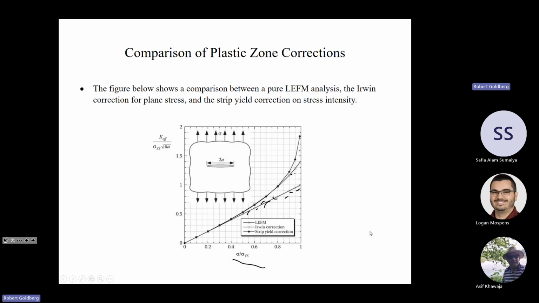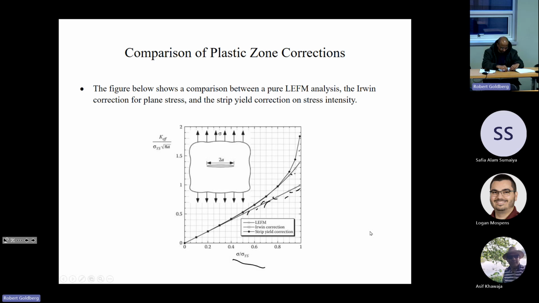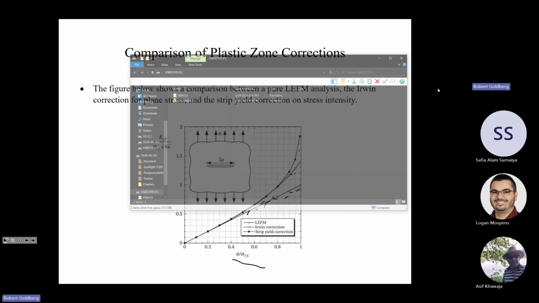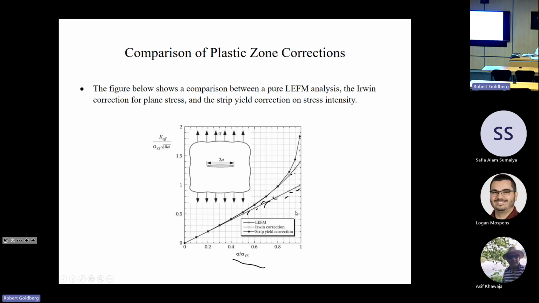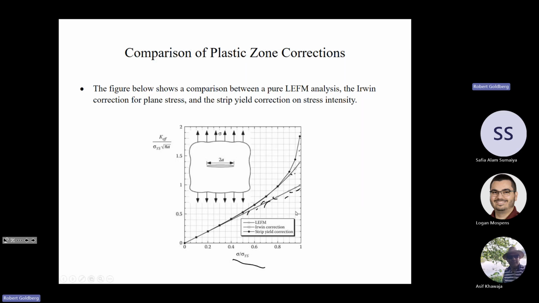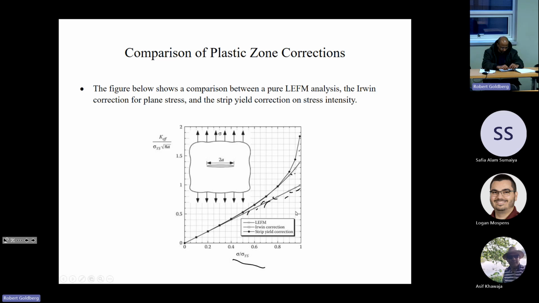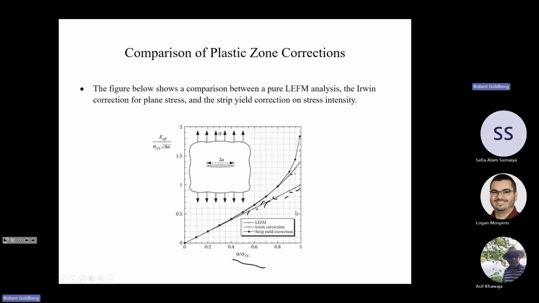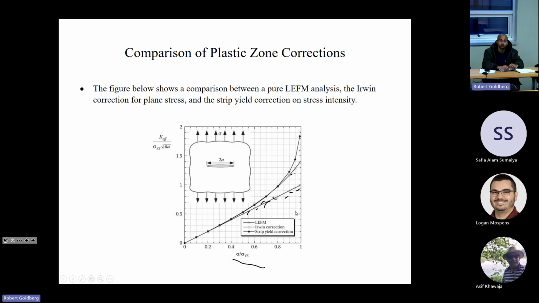Now, the plastic zone shape predicted by the strip yield model, particularly at very high stress levels, and we're going to talk more about this in just a sec, doesn't match the actual plastic zones exceedingly accurately. But one interesting effect is that for polymers, for which these methods were never designed, it actually does.